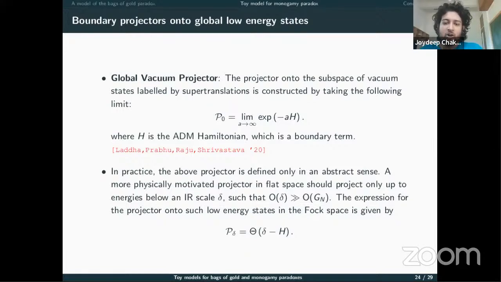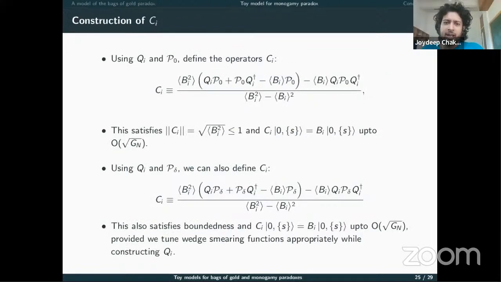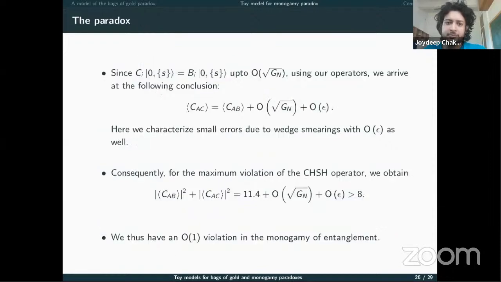We can also get a better choice of projector, which projects below an IR scale delta, and we can use these projectors to construct these CI operators, which are bounded, and which acting on the states give us the action of the operators BI acting on the state.